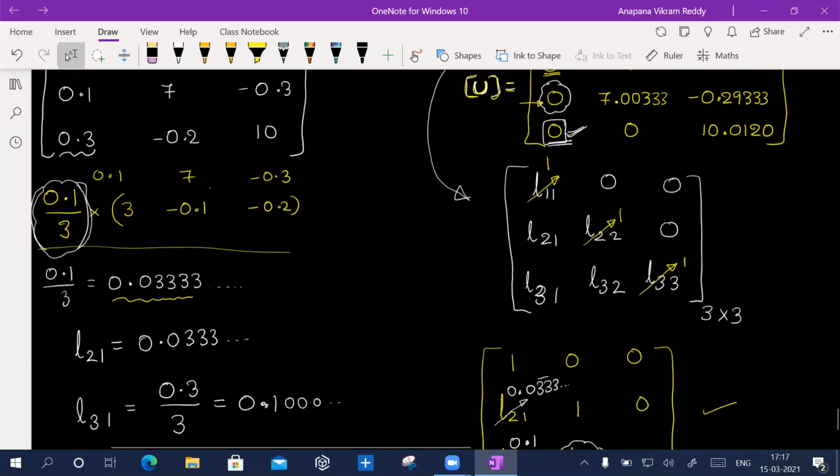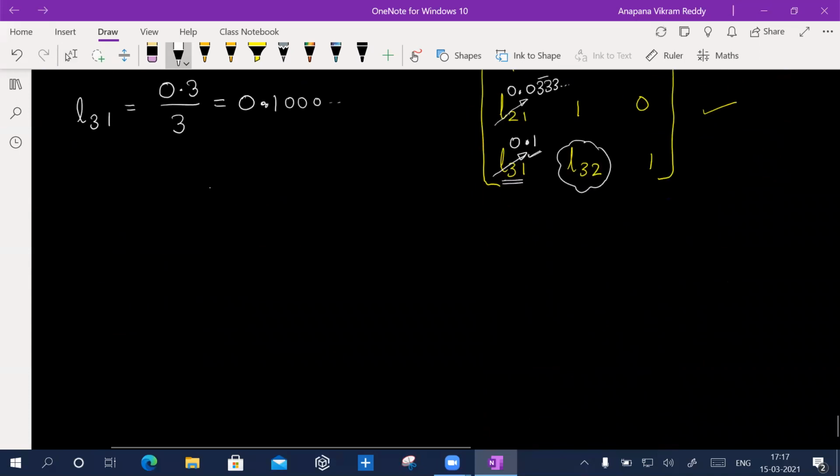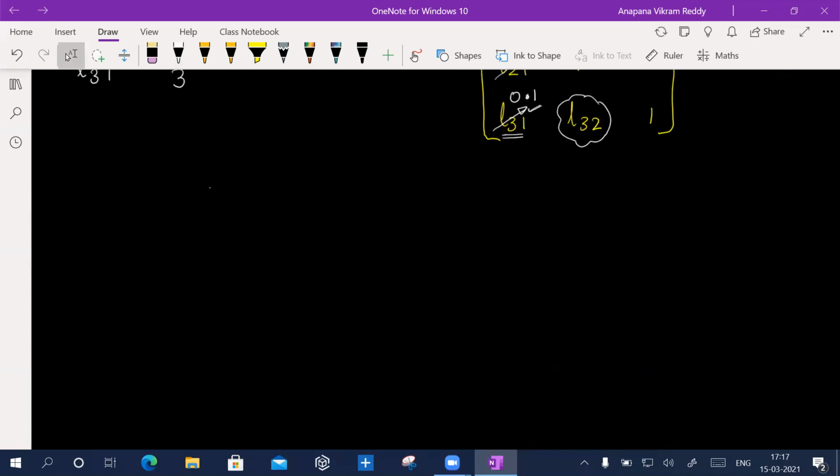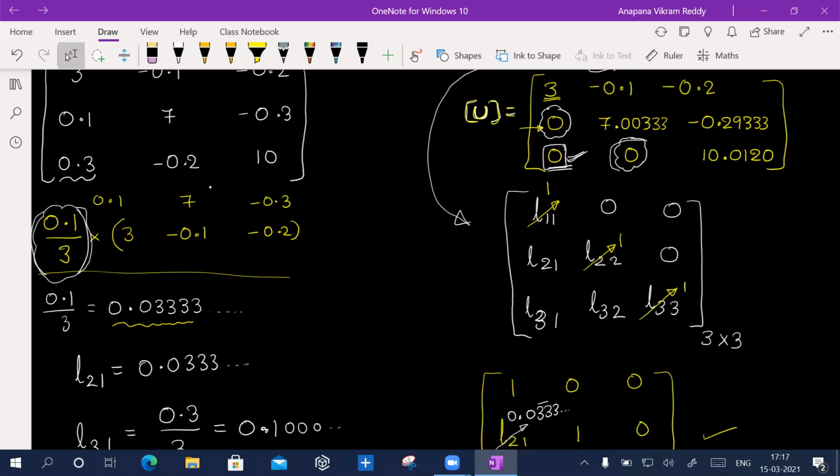How did you make this element zero in the upper triangular matrix? U32. We used some multiplier for that. What is that? We used a certain multiplier to make U32 zero. Which multiplier is that?